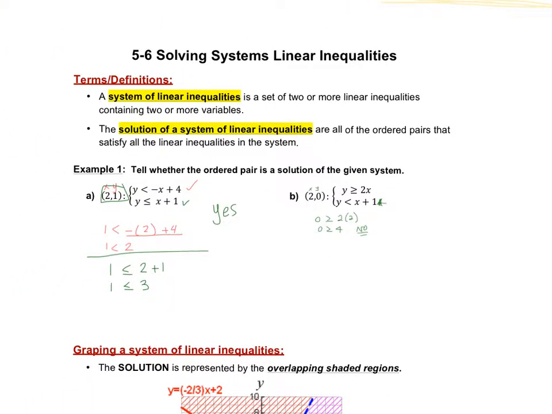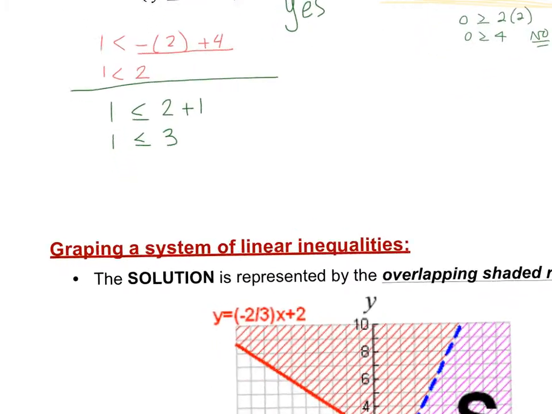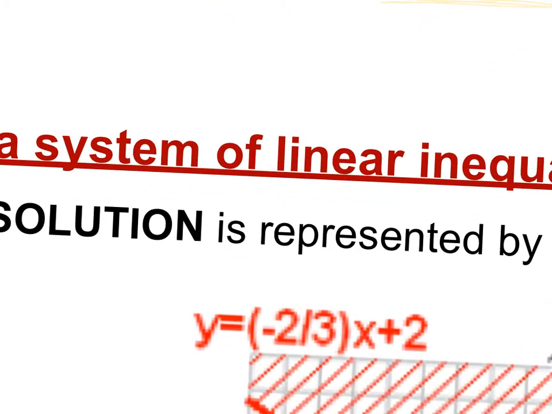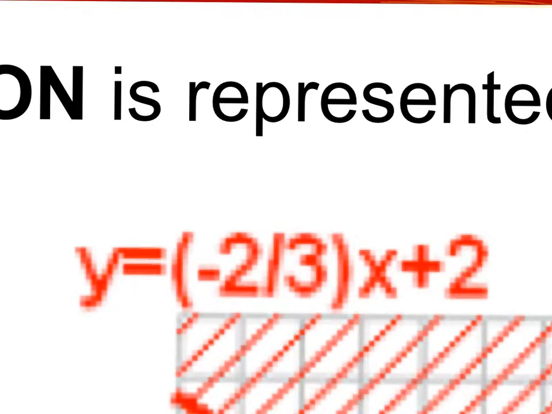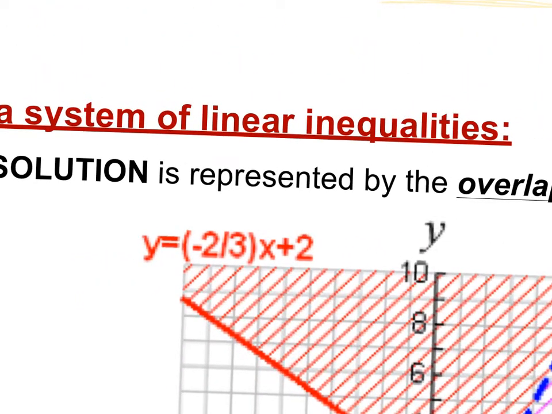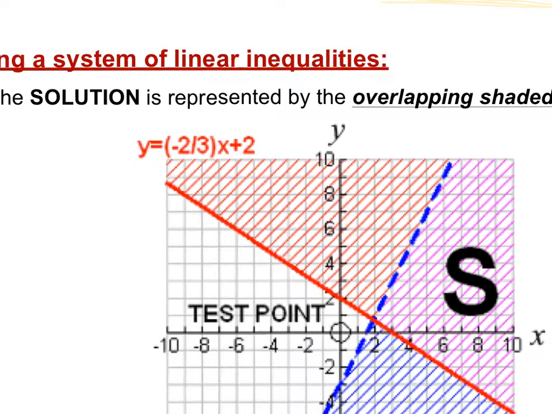When you're graphing linear inequalities, you think of the fact that we're talking about linear, meaning it's a line. So for example, if we go back to the idea of y equals mx plus b, if we look at this equation, y equals negative 2/3 x plus 2, if we were to graph this in red, we would notice that it begins at 2, because that's the y-intercept, then down 2, to the right 3, and we connect our dots and we have a straight line.